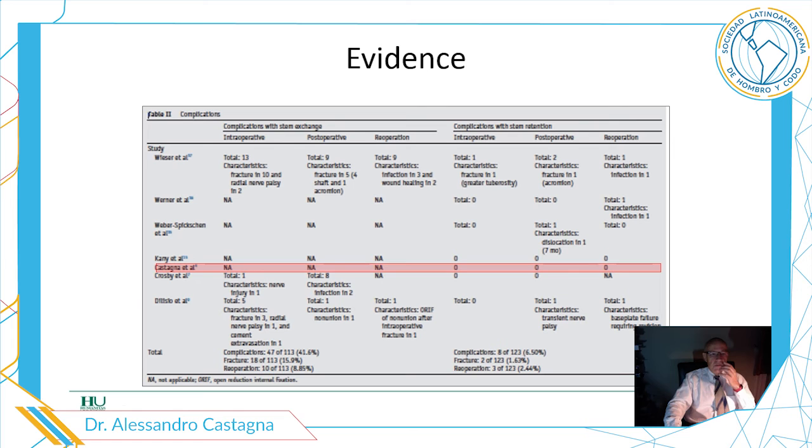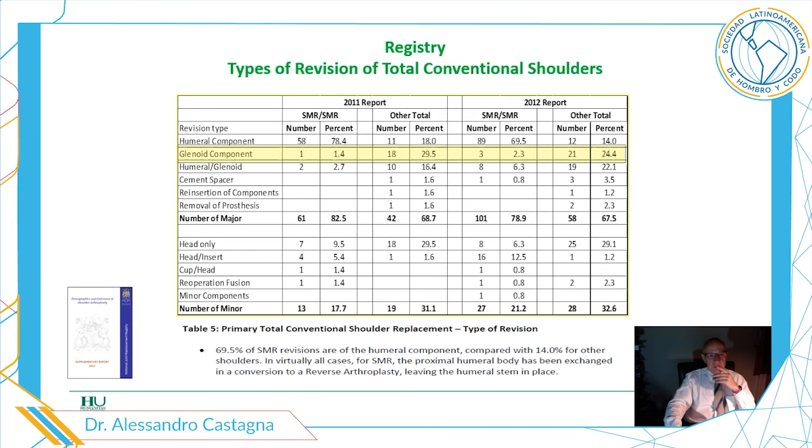And this is reported in this review article comparing all the papers coming out, and my paper is demonstrating that it is clearly a benefit if you use a modular system that is helping you for revision.